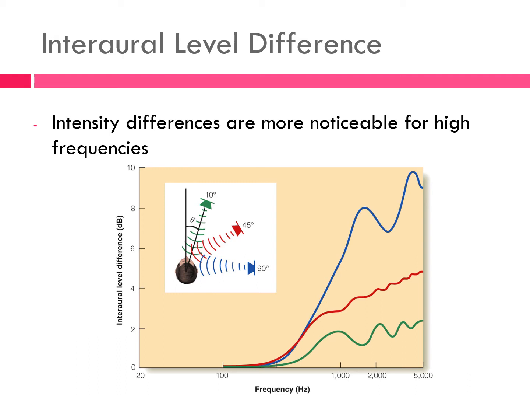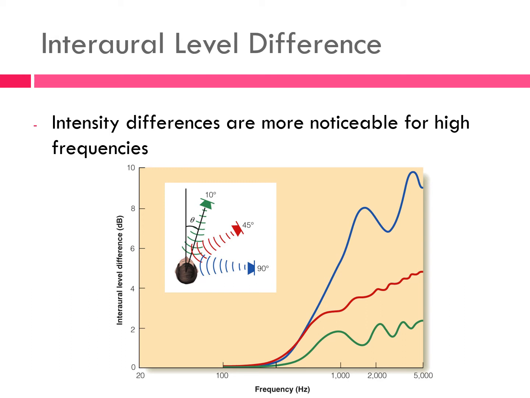And here's another graphic that shows how those intensity differences are more noticeable for the higher frequencies. As you remember, that low A on the piano is 27.5. We hear down to 20 hertz, but up until even about 100, let's say almost 500 hertz, the intensity differences aren't making a large difference.